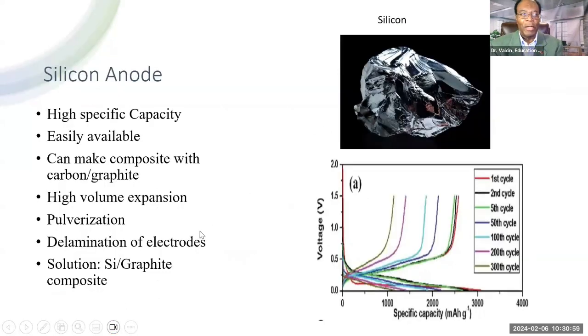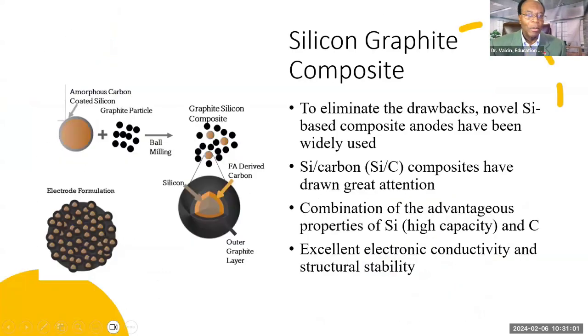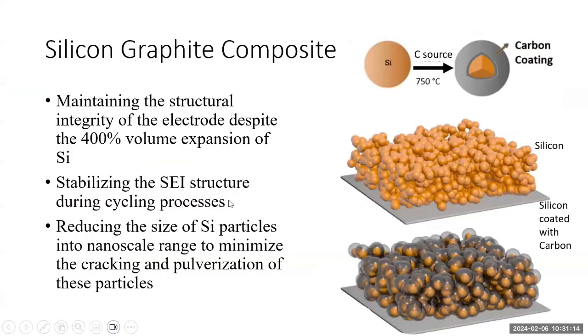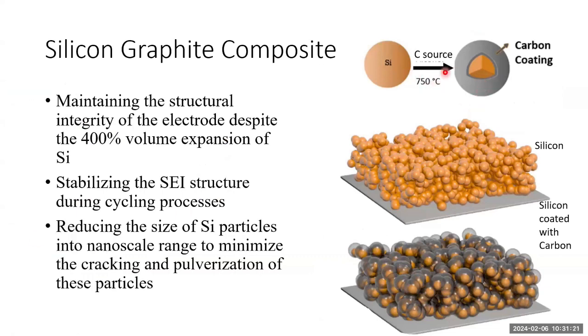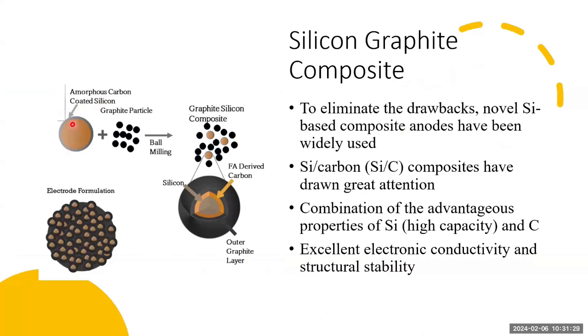Let's continue on your end, Ikramul. Okay. So this is how you can make a composite of silicon graphite. When you have silicon and you coat carbon on it from the carbon source, you get silicon coated with carbon, shown here. And you have a graphite particle.